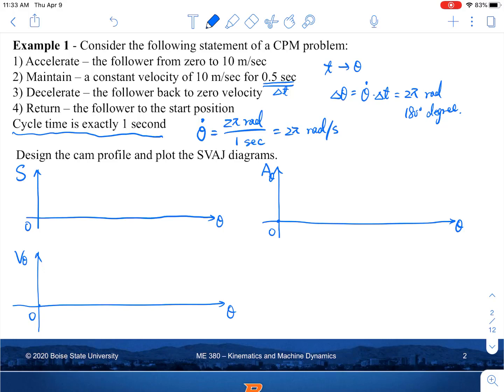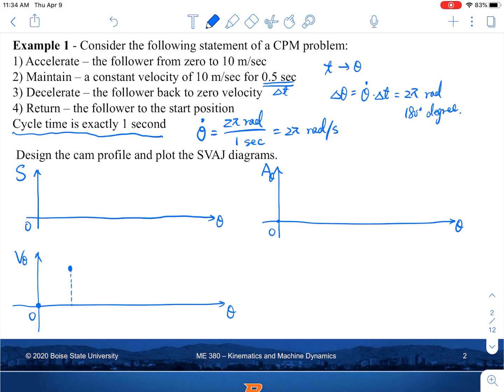So first of all, let's look at the first step. The follower accelerates from 0 to 10 meters per second. So we know something about the velocity. That means your velocity starts from 0 and goes up to a certain value.